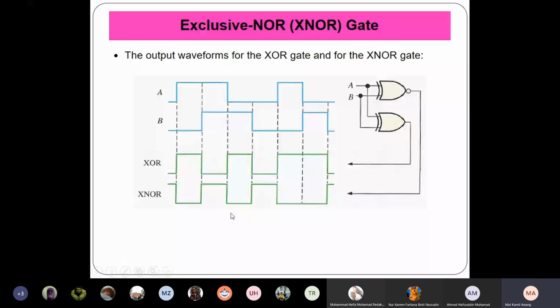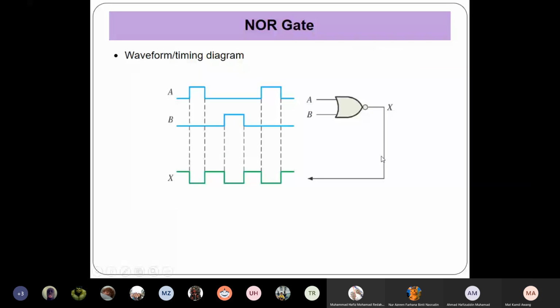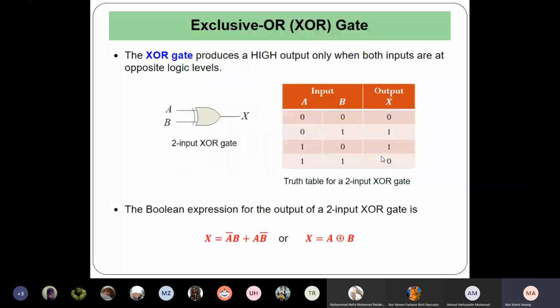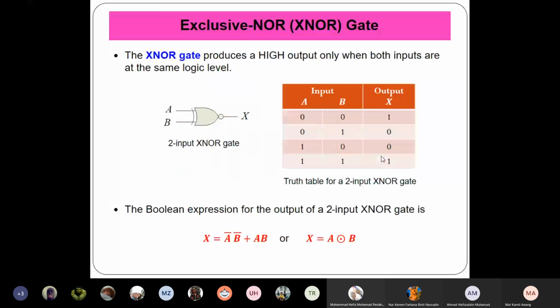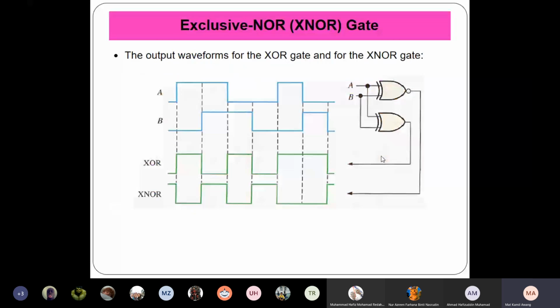So this is actually the representation of the XNOR gate. This is XOR, like that. This is XNOR. This part is XOR.